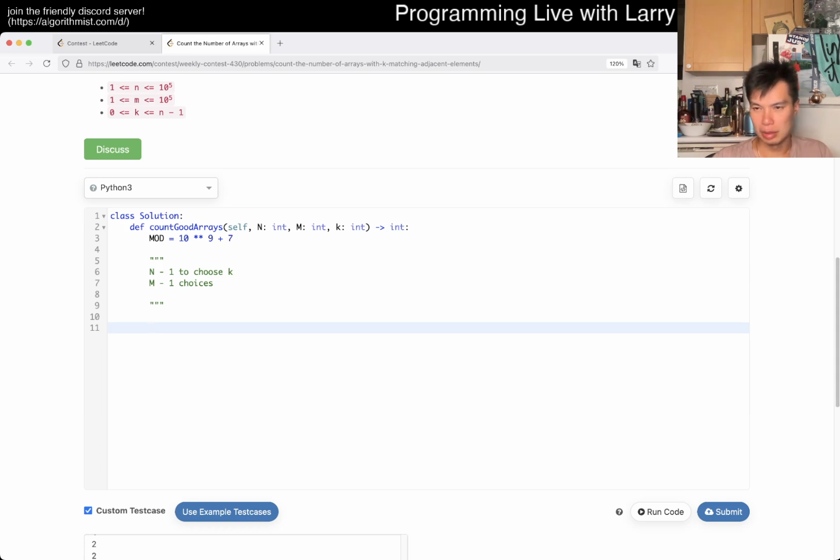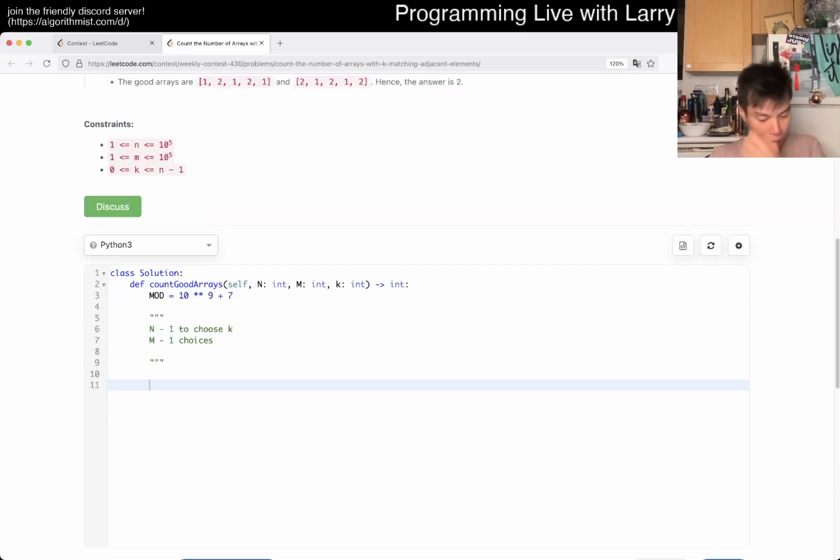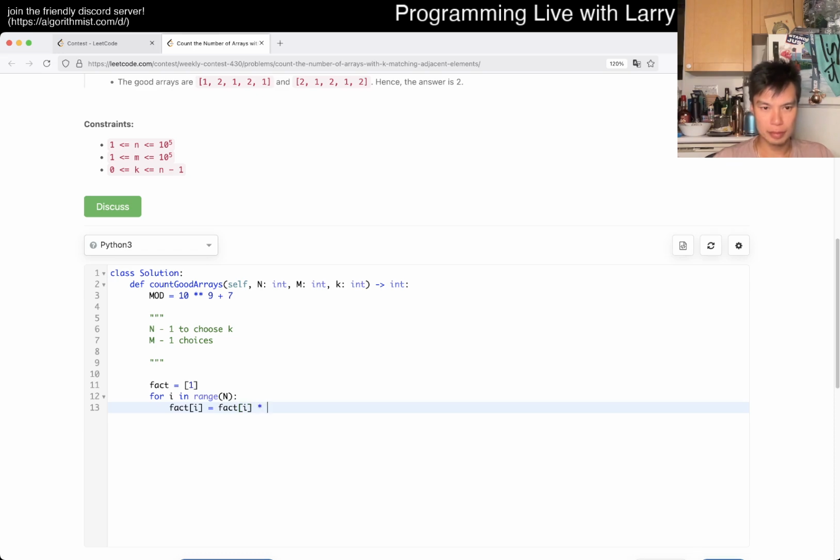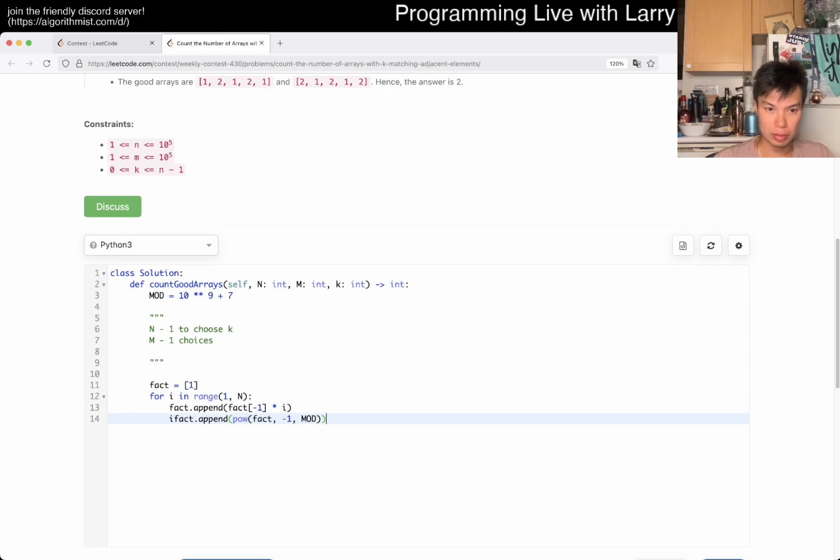But okay. How do I write choose again in a good way? n-1 choose k in Python with mod. I guess it's just factorial and inverse factorial, right? Okay, fine. Something like that, right?